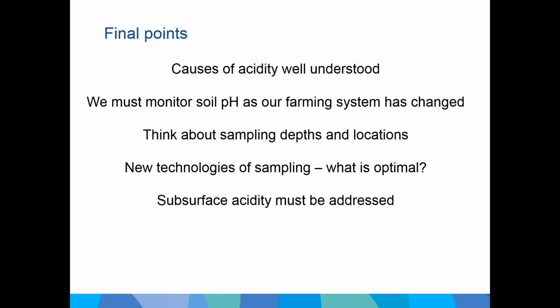This subsurface acidity must be addressed. I think if we choose to ignore it, yes, you can grow acid tolerant plants or aluminium tolerant plants, and that's fine. But what that does is just allow you to keep being productive on that site, but it doesn't stop the acidification. So eventually your system declines to a point where it's going to be very expensive to make it better.